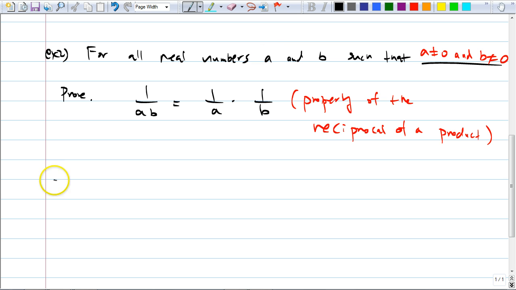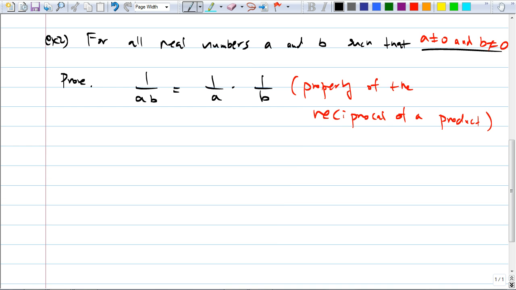Okay, so anybody know what we're going to start with to prove this one? This one's sort of hard, not hard, they just do it a little bit differently. They start with this: AB times 1 over A times 1 over B. And they give you this as a given.